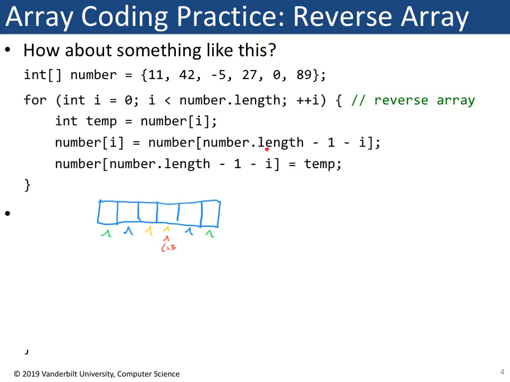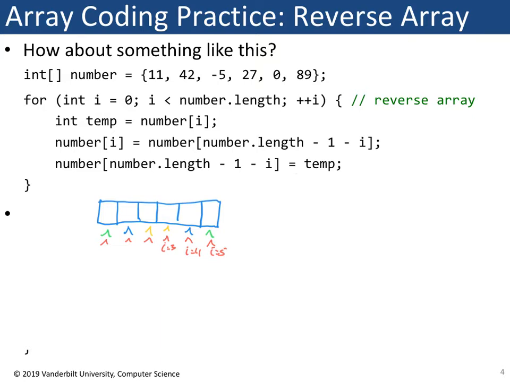No. Length 6 minus 1, 5, minus 3 is 2. So it actually swaps what has already been swapped. Then at I equals 4, it swaps another pair that's already been swapped. And then finally at I equals 5, we have completely swapped the array and unswapped the array.